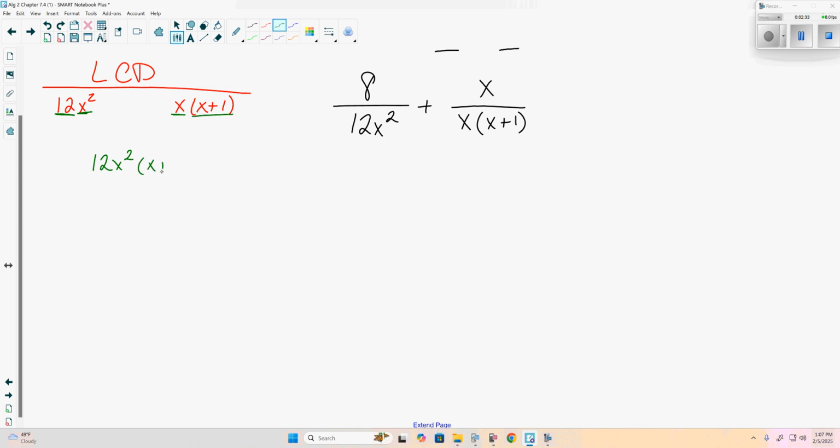And since it does show up once in one of them, we're going to need it once. So that tells us that the two denominators both need to be 12x squared times x plus 1 for us to be able to add these two together, because the denominators have to be the same for us to be able to add or subtract.